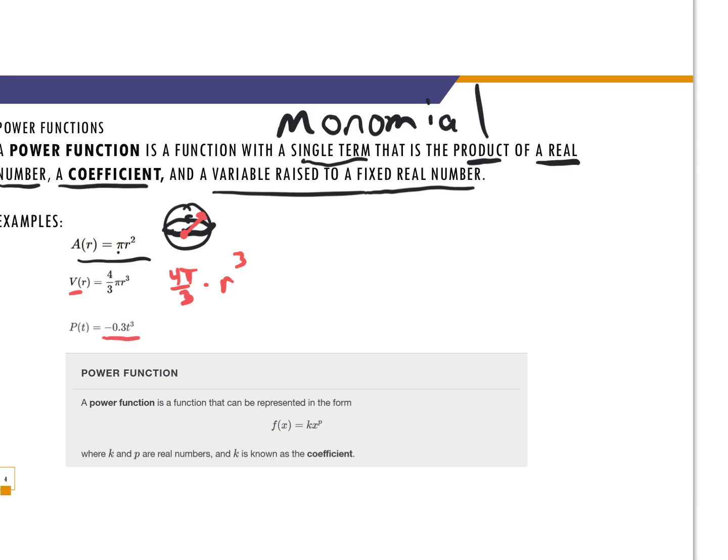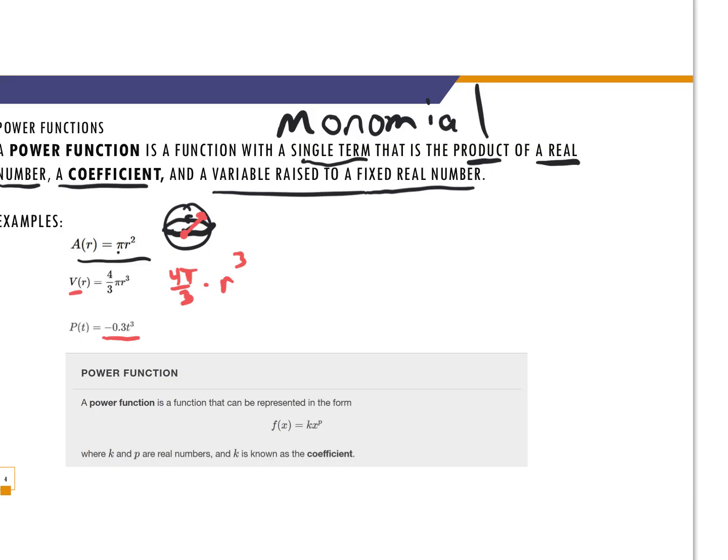That was that population function of the bird species. I just took the one term because that fits the definition of a power function. It's one term, and negative 0.03 is a real number, and t is a variable, and 3 is the power that it's raised to, and it's a real number. All the exponents are real numbers. The 2, the 3, the 3.